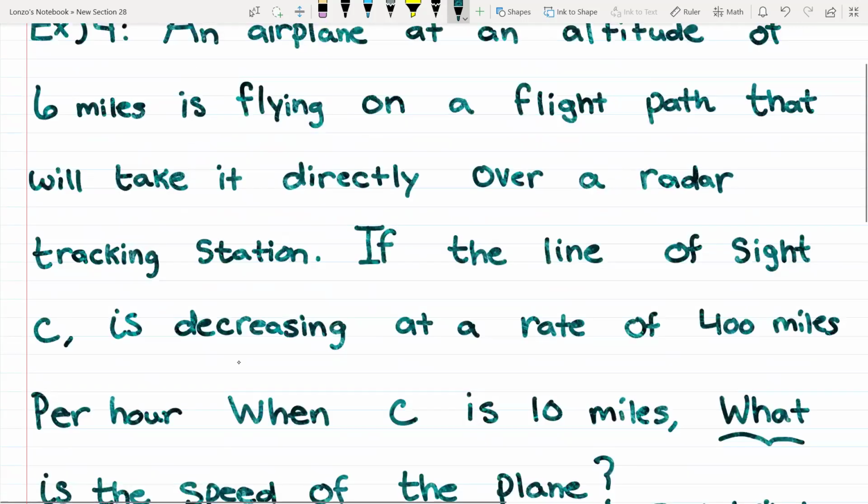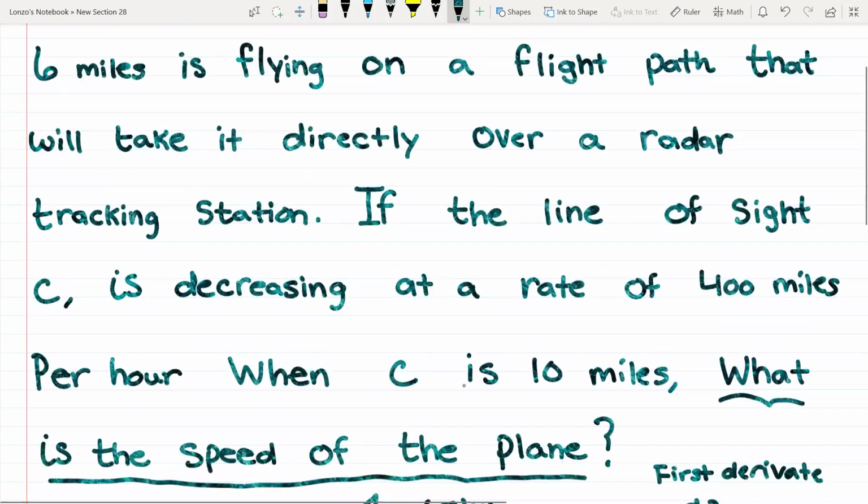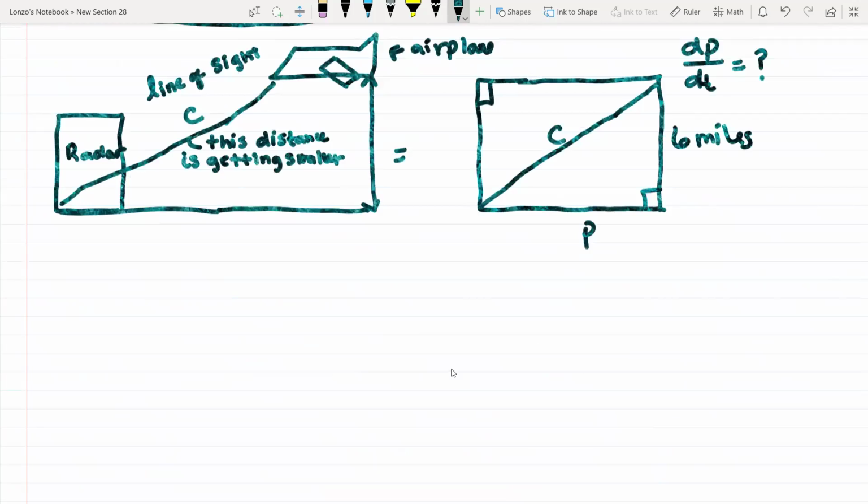And then they also tell us that the line of sight is decreasing at a rate of 400 miles per hour. So that is a speed, so that would be dc/dt at minus 400 mph, miles per hour. And when c is 10 miles.